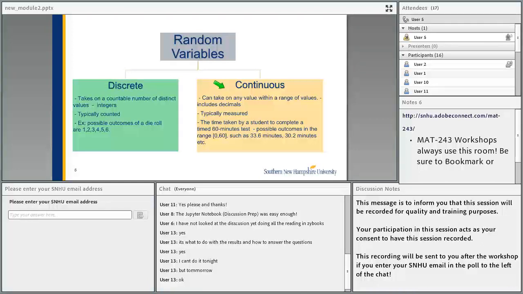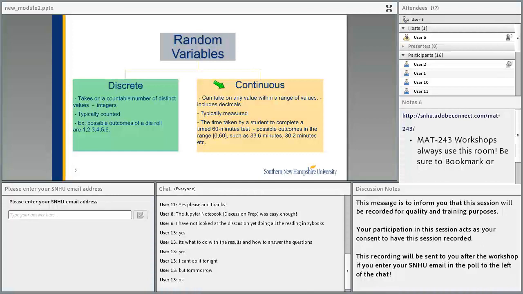On the other hand, a continuous random variable is one that can take any value within a range of values. It includes decimals. It's typically measured. For example, the time taken by a student to complete a timed 60 minutes test. The possible outcomes are in the range 0 through 60, and it can be anything in this range.